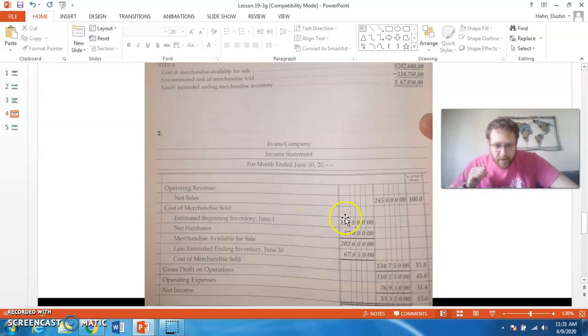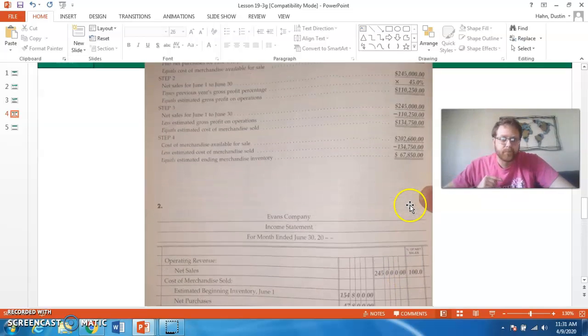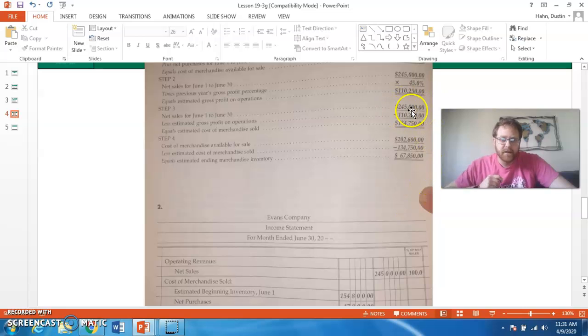Your net sales. Right here's your net sales. Net sales for June 1st through June 30th, $245,000. Here's where that $245,000 comes from. That's your net sales. Again, this is for the month of June.